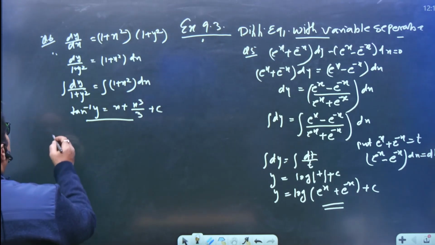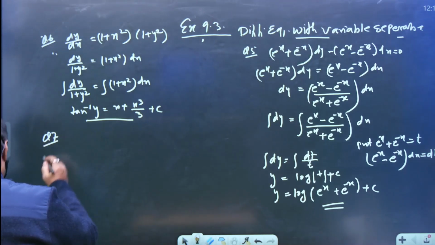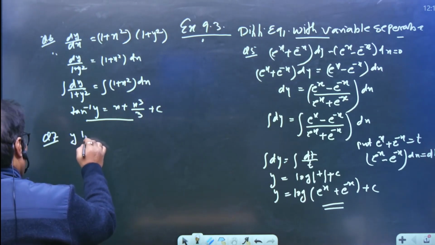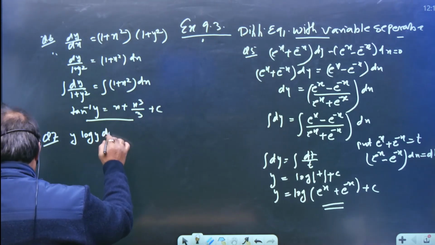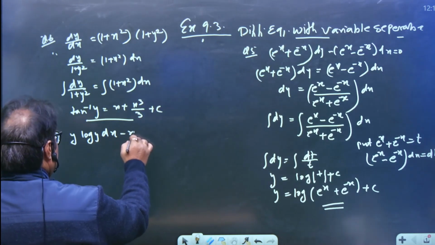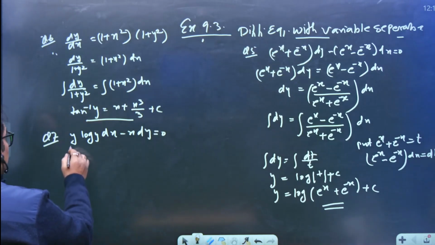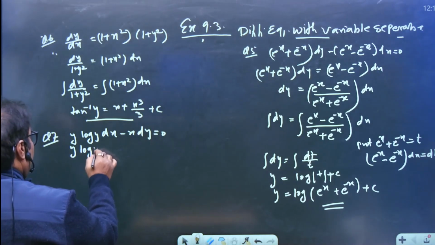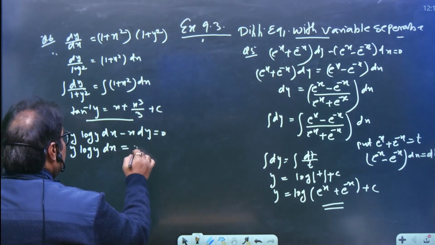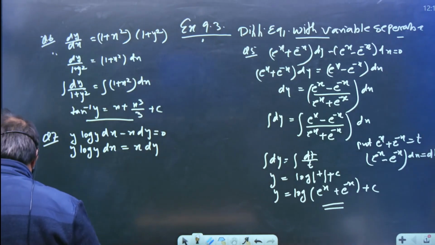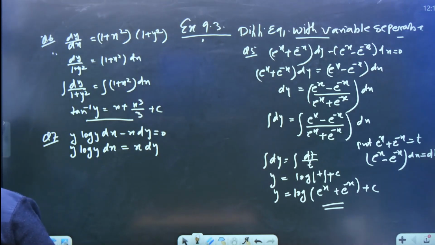Now the question number 7, and the seventh question says y log y dx minus x dy is equals to 0. So this is y log y dx is equals to x dy, and now apply the variable separable property.